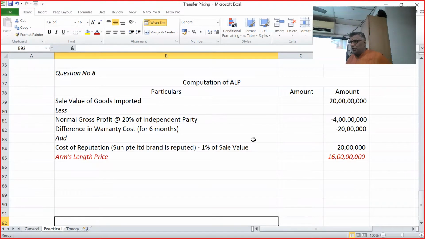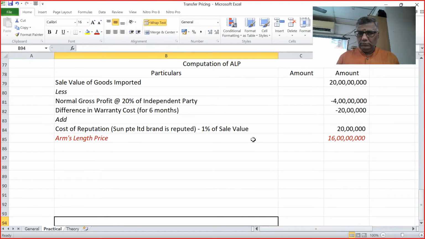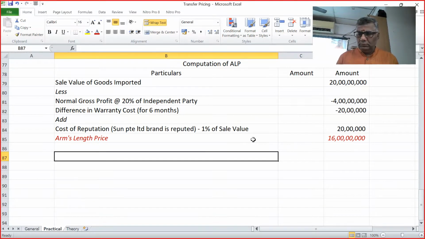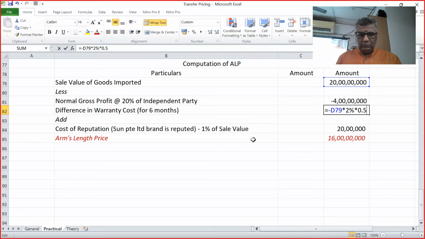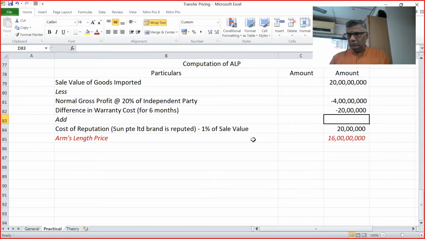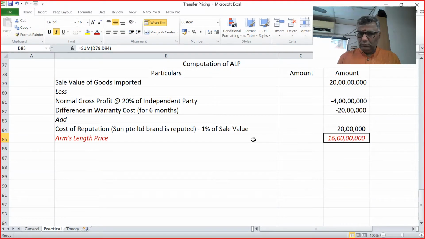Imported from an associated enterprise and sold to an unrelated party. If I import from an unrelated party, I earn 20% gross profit.